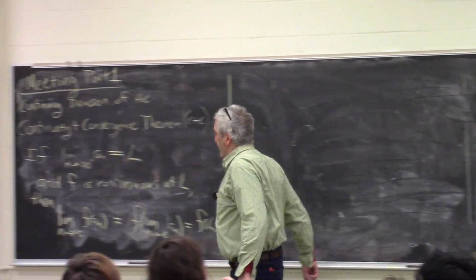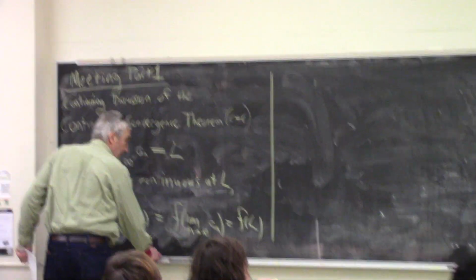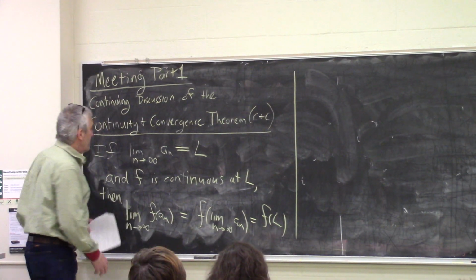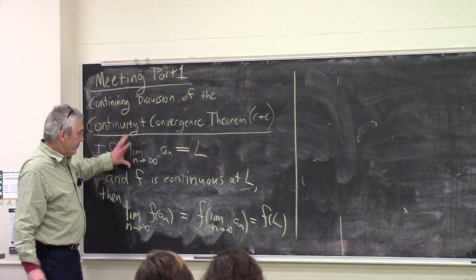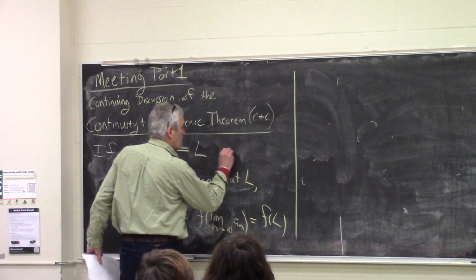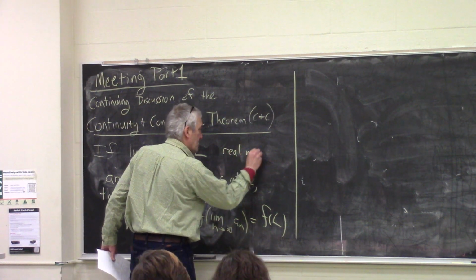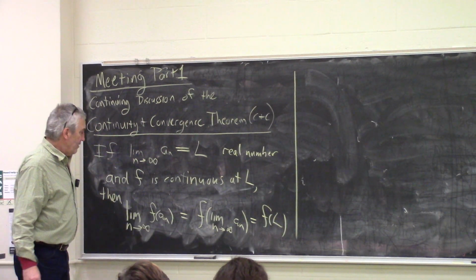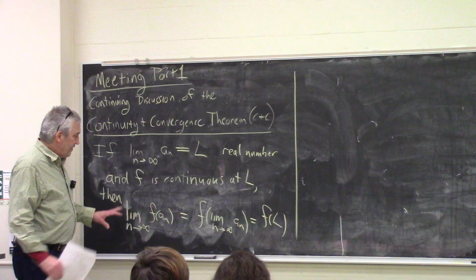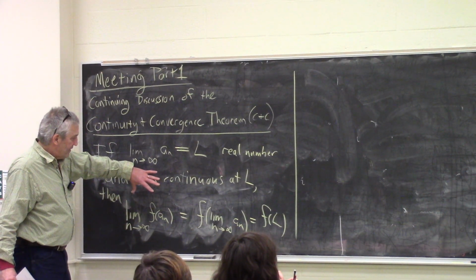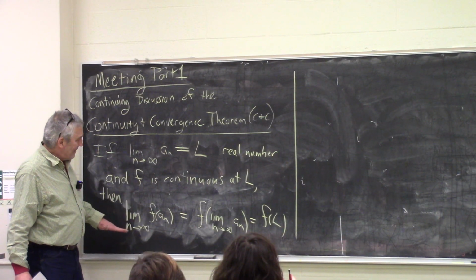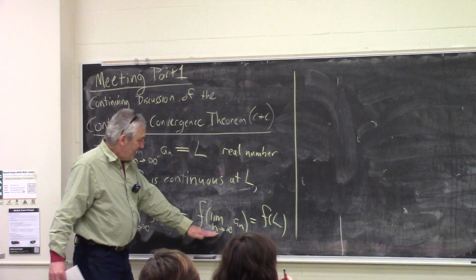So on Wednesday, the last part of the meeting, we'd started discussing what's called the continuity and convergence theorem, which says that if you have some sequence that converges to some number L, it's got to be a real number, and you have some function that's continuous at L, then in that special situation, if you have a sequence that's built up with an outer function and an inner sequence, and you take the limit, you can bring the limit inside.